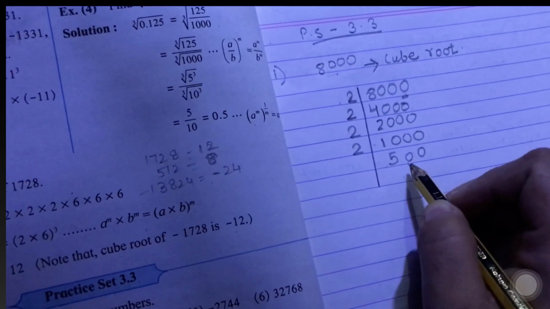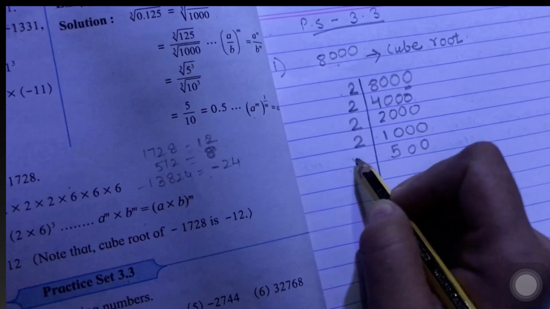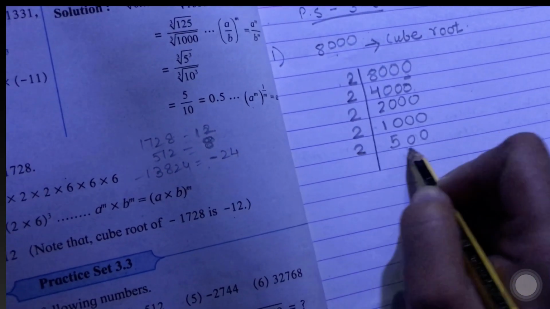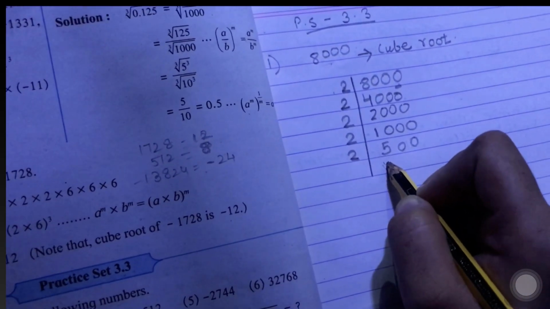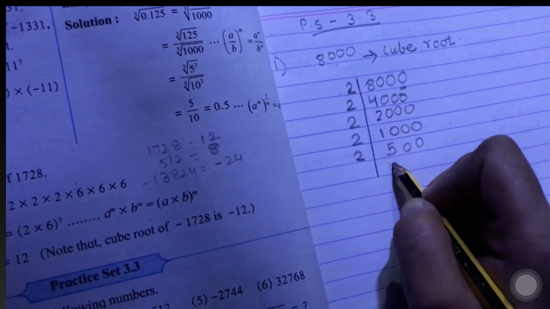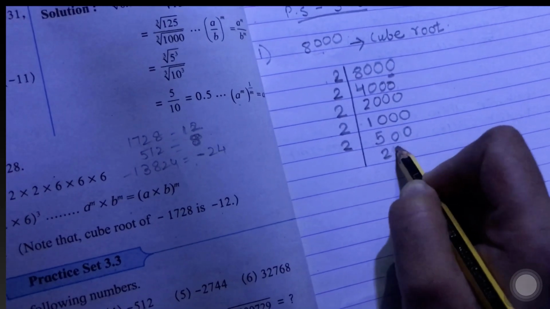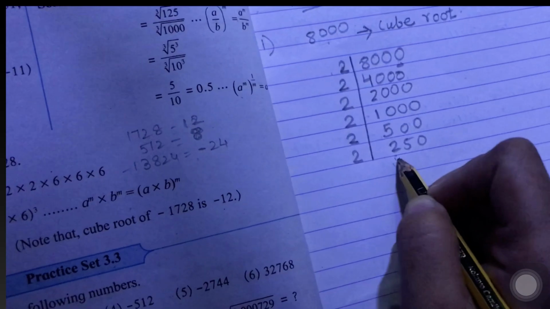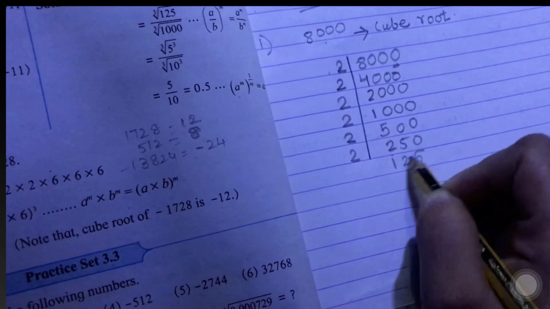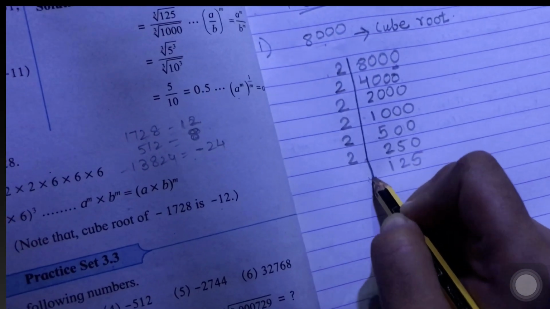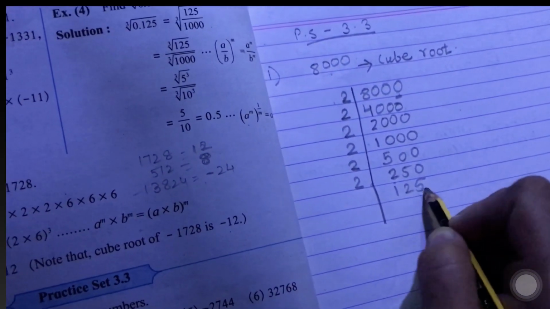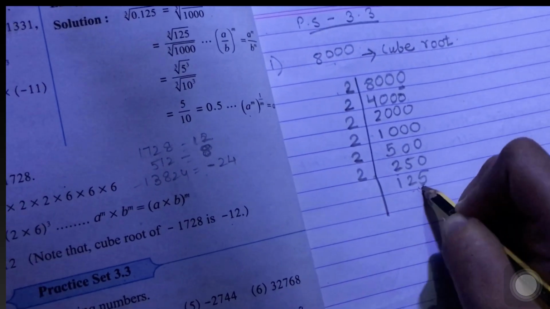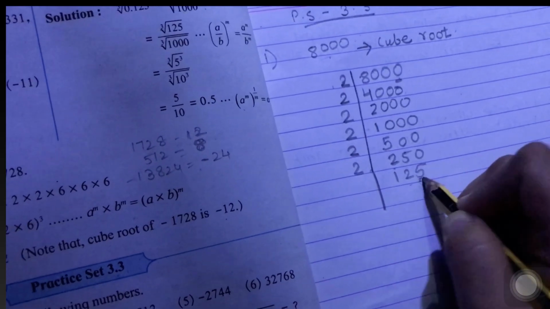Okay, again the table of 2, because again here it is an even number, so 2, this is again 2 250s is 500. Again the table of 2, 2 1s are 2, 5. Now an even number is not there. This is 125. This is an odd number, so we will see the odd tables.